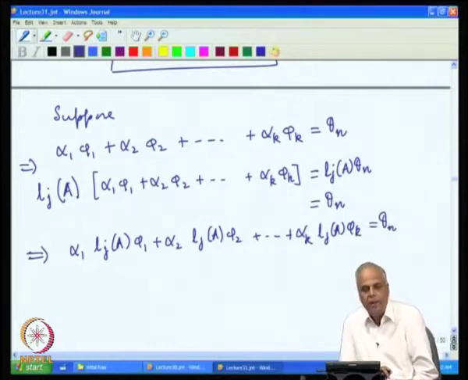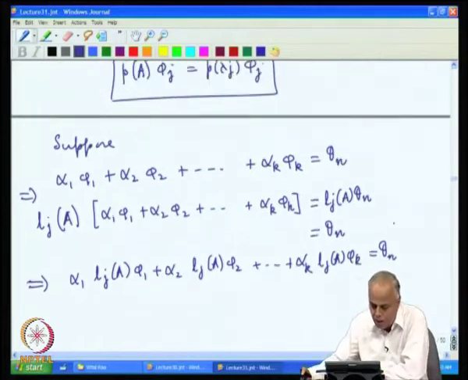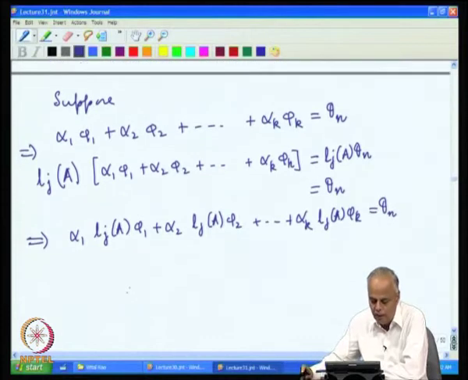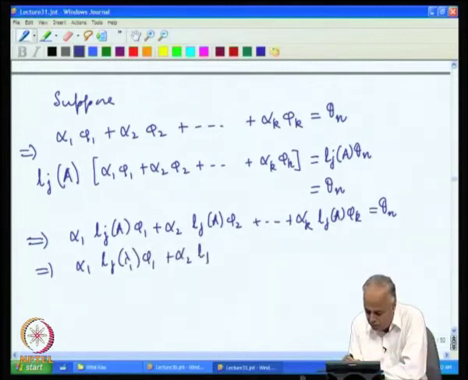Now, phi 1 is an eigenvector corresponding to lambda 1, and we have seen from this fact that for any polynomial P, P A phi 1 will be P lambda 1 phi 1. So, Lj A phi 1 will be Lj lambda 1 phi 1. So, this will be Lj lambda 1 phi 1, this will be Lj lambda 2 phi 2, and so on.